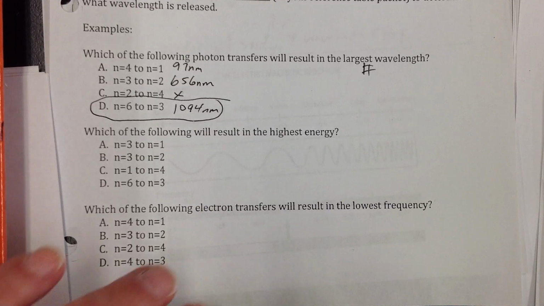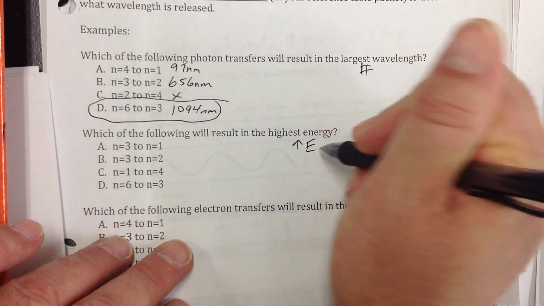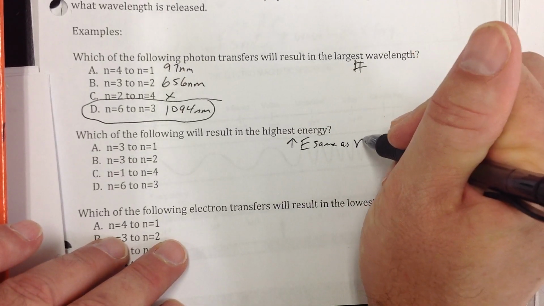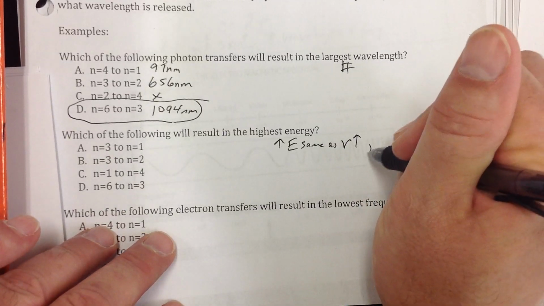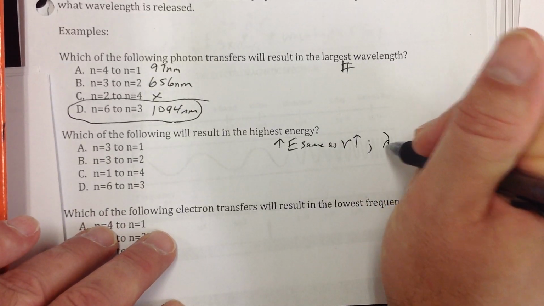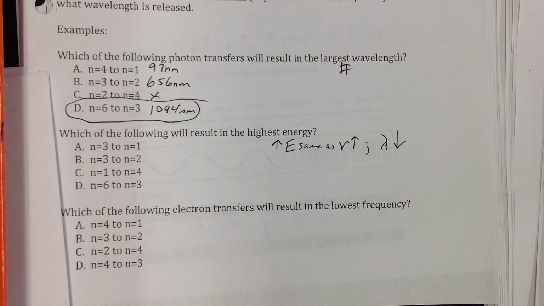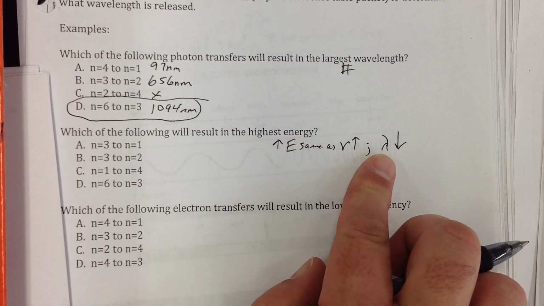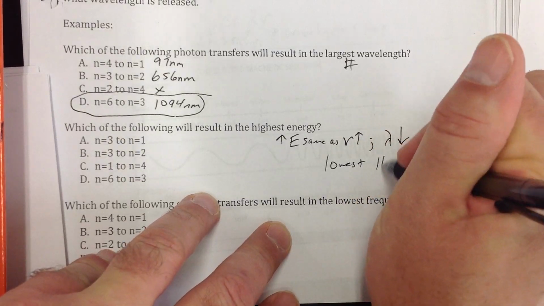Let's try another one. This one we're looking for the highest energy. Energy is the same as frequency. So when those go up, wavelength goes down. Remember that earlier? That's inversely proportional. So the highest energy will be the lowest wavelength or number.